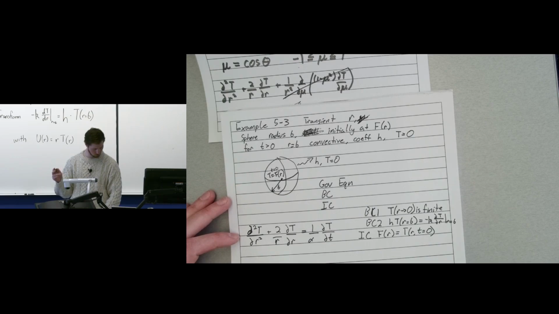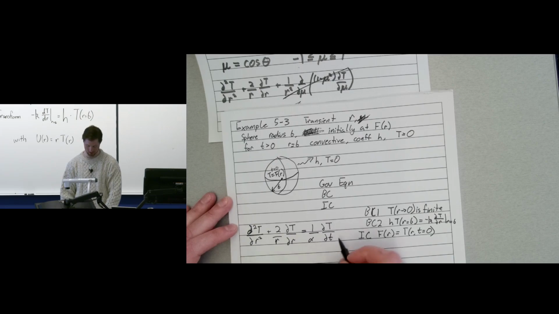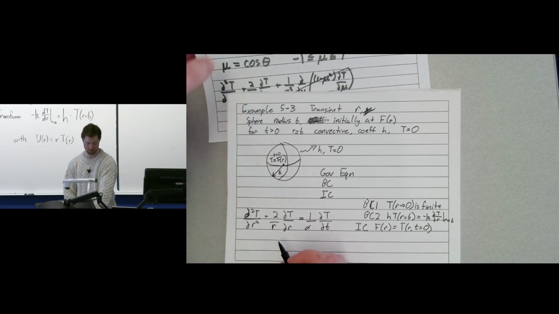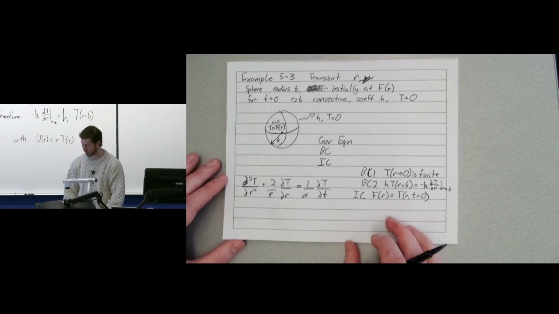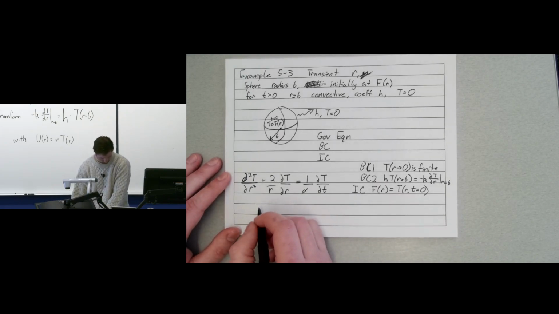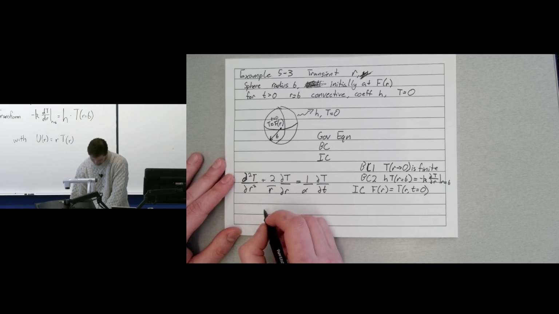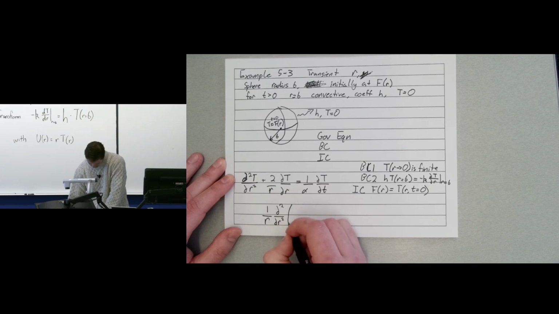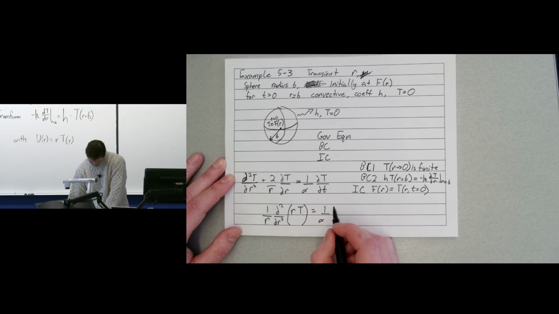All right. We're going to do two things with this. First is this equation is not the easiest to work with. We can rewrite this now as 1 over r, the second derivative with respect to our radius of rT is equal to 1 over alpha partial with respect to time.